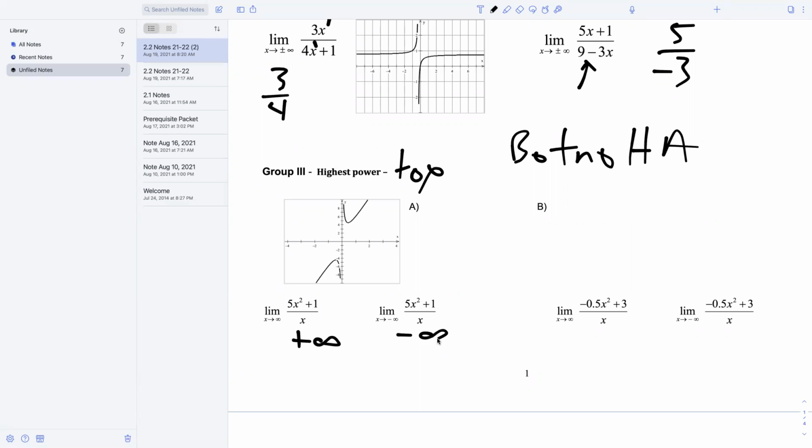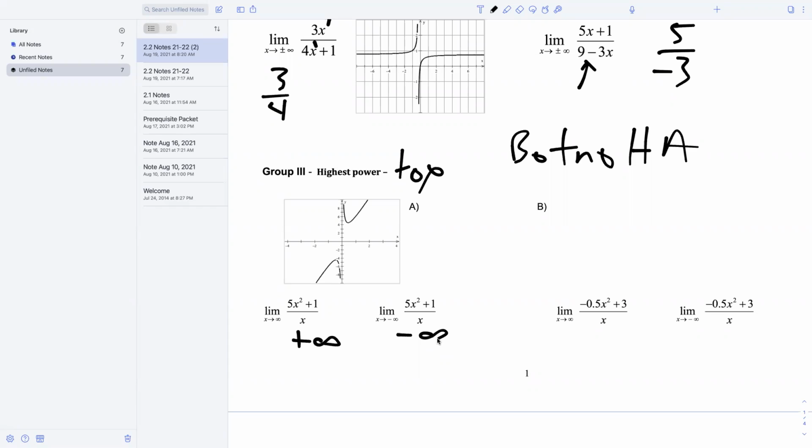Well, here's what you do. How about I help you out? It's either positive infinity or negative infinity, and so we look at the sign. If this is the limit as x goes to infinity, I'm plugging in positive numbers, right? Because it's going to positive infinity.